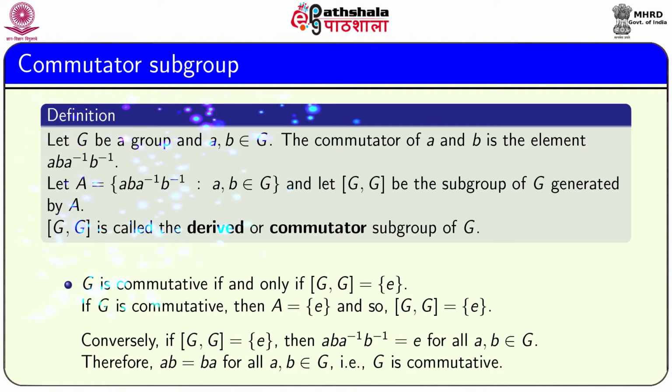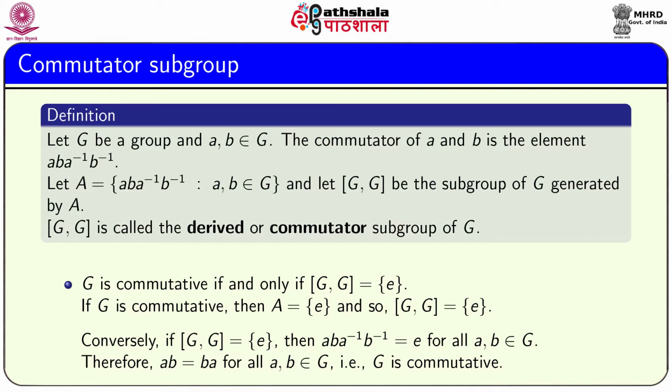It is very easy to see that G is commutative if and only if the commutator subgroup is the trivial subgroup, the identity. If G is commutative, then A B A inverse B inverse is equal to identity, and so the commutator subgroup is identity.